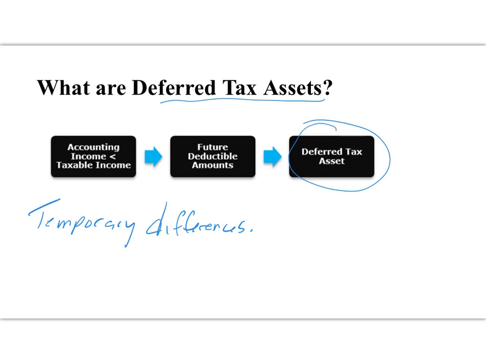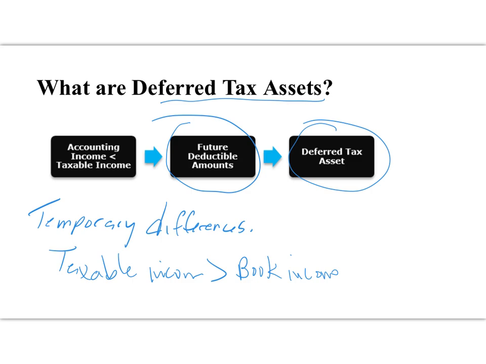Well, initially taxable income as a result of these temporary differences is larger than book income. So what does that generate? That generates a future deductible amount because deductions would be low here. And then as those amounts reverse, we're going to generate future deductible amounts, and that is going to create a deferred tax asset.